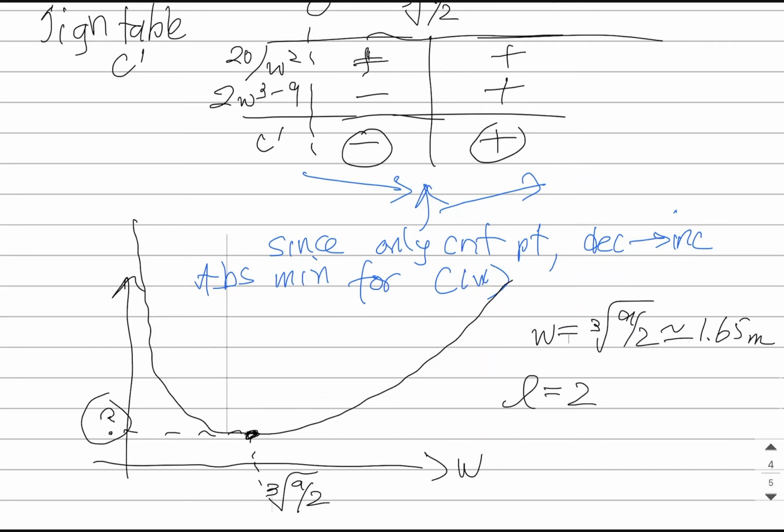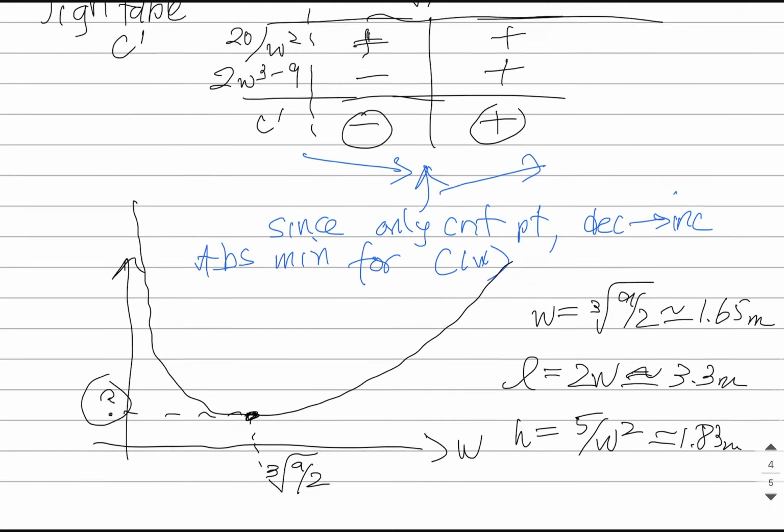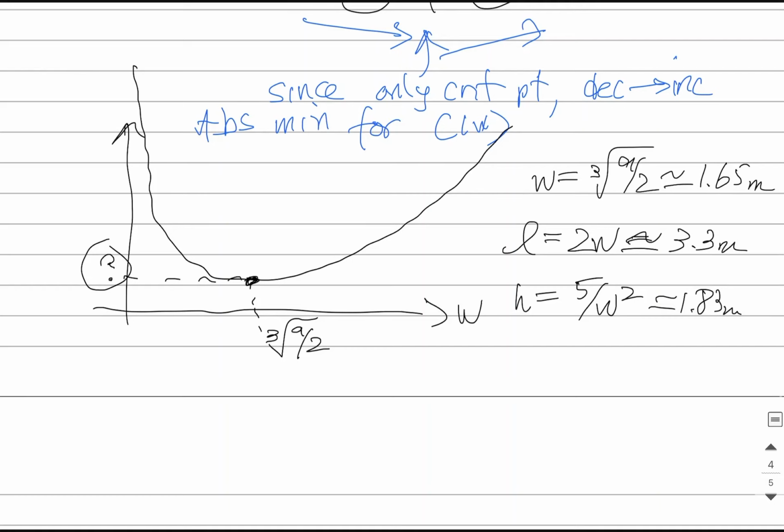I know that the length has to be twice the width. So that's going to be about 3.3 meters. And then the height is 5 over w squared. We got that from the volume calculation earlier. And I think this turns out to be about 1.83 meters. This is huge. This is a big tank. You really love your turtle.